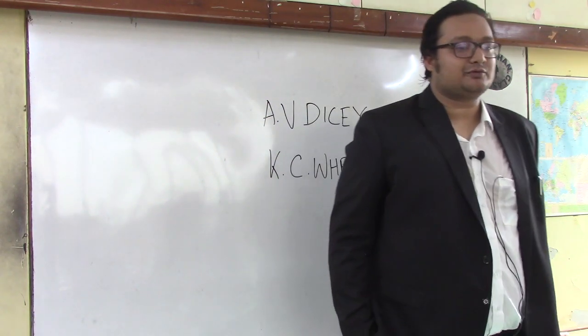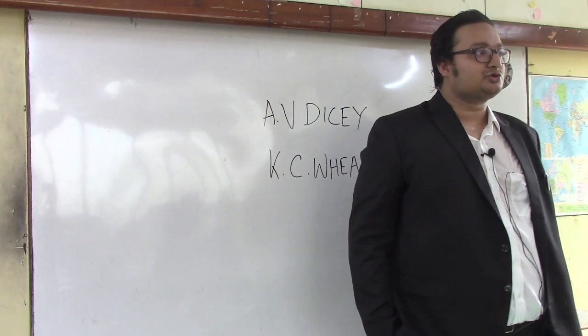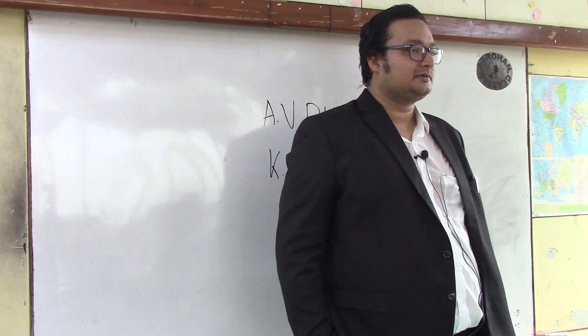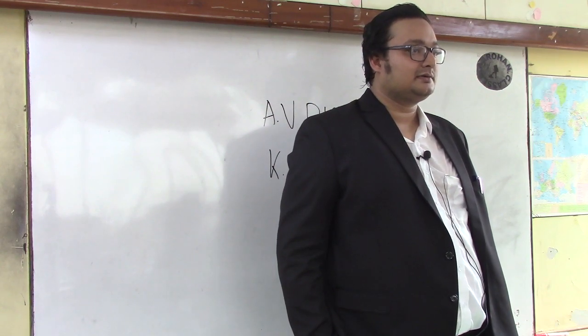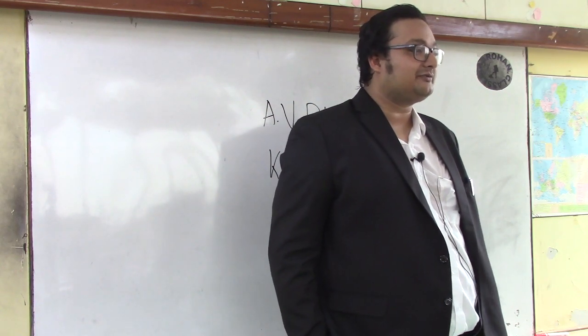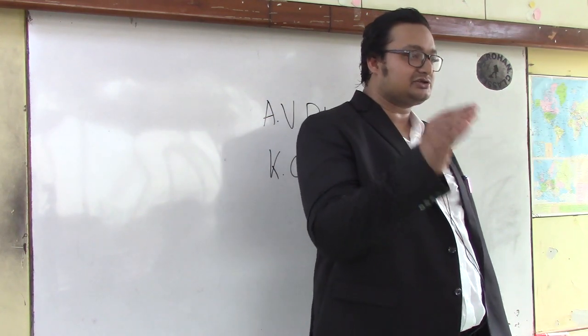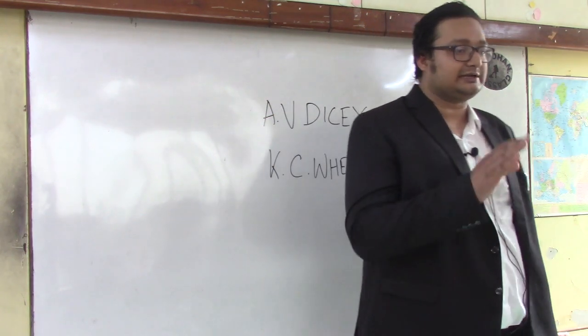Which part of the Constitution talks about the Union judiciary? It's Part 5. Part 5 talks about legislature, executive and judiciary at the center.